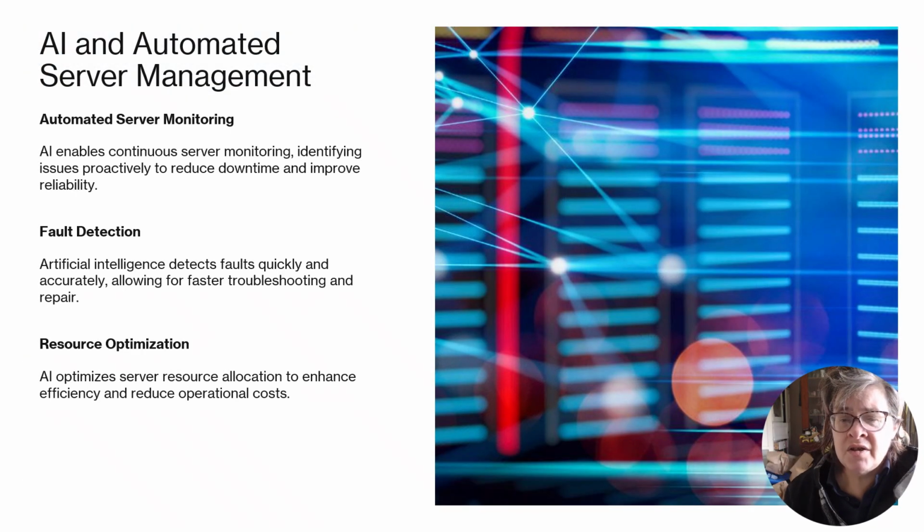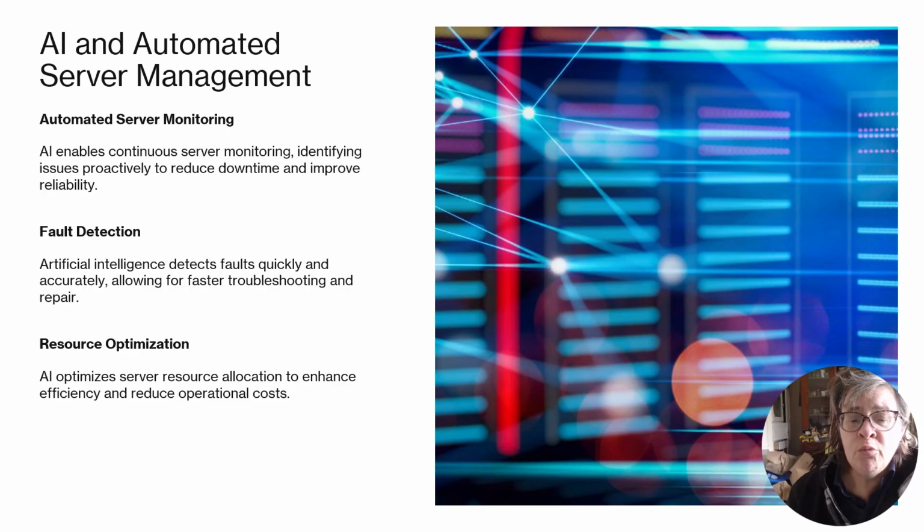Artificial intelligence is increasingly used to automate server monitoring, fault detection, and resource optimization for smarter infrastructure management. And look, this is important too, but like anything else, AI does need humans there to help it, okay? It can't do it all by itself. It will do a lot. It will reduce a lot of the repetitive tasks for people who manage servers or networks or data centers, but you need to monitor what the AI is doing, and you still will need to respond to a lot of stuff, okay?